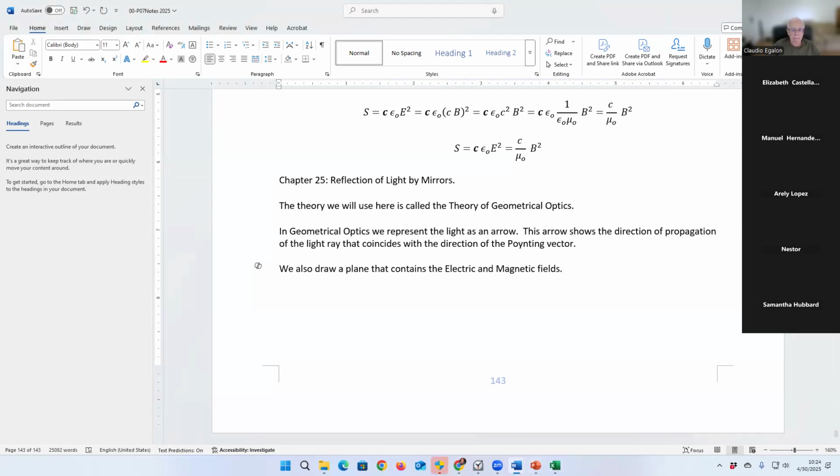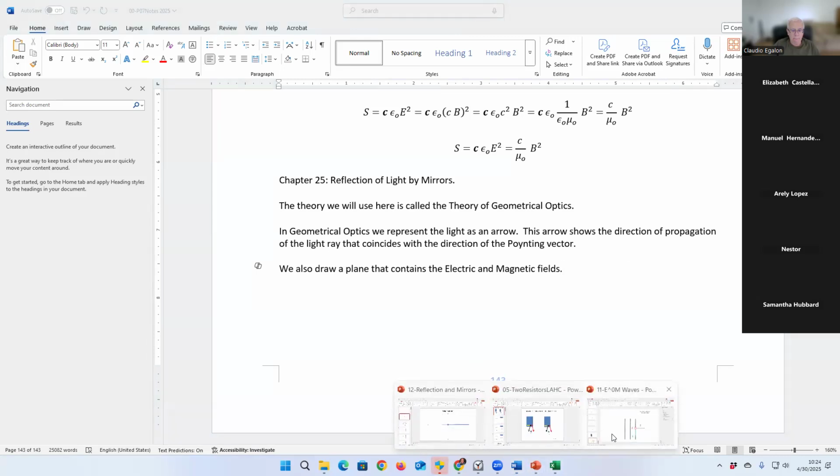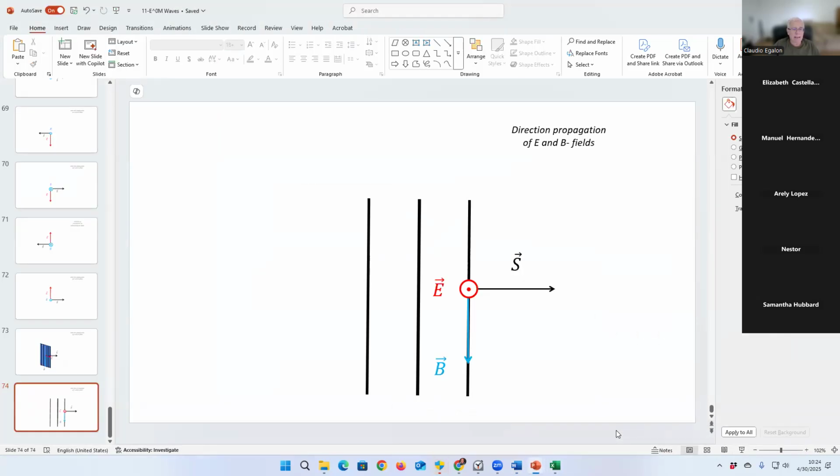Okay? Like that. Here you go. This plane contains electric and magnetic field. This other plane also contains electric and magnetic fields.